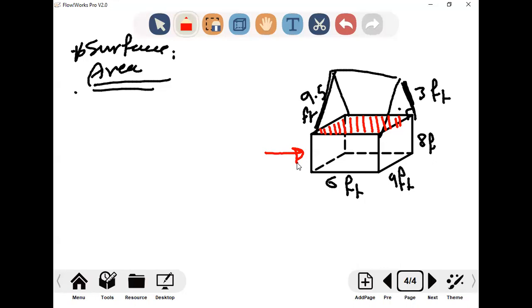For the upper one, how many faces do I have? One rectangle here, one rectangle here, the rectangle in the back, and this face which we excluded. Do you understand? Let's find the surface area.